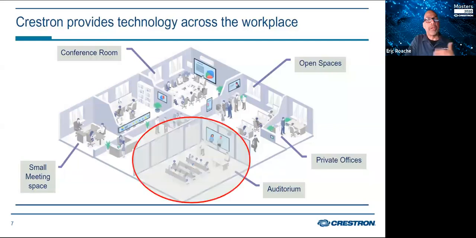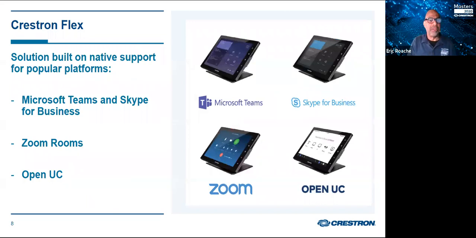But today we are going to focus on the custom solution. And typically you need these custom solutions in spaces like auditoriums, larger spaces, theaters that can't be satisfied with a small room solution.